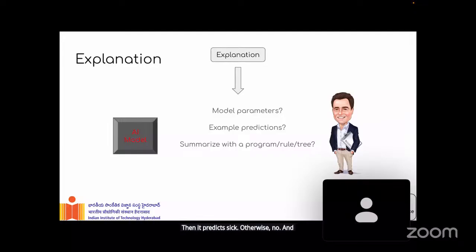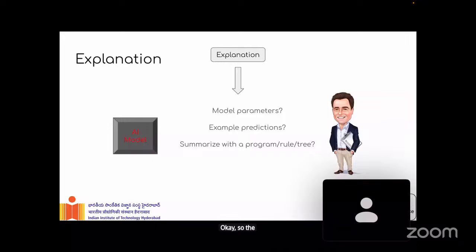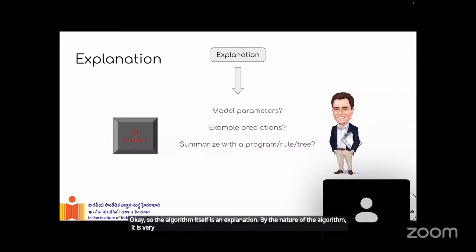And I'm sure you might have gone through the decision tree algorithm. It will check the value of some of the features, and based on the value they assume, it will predict whatever is the label. So the algorithm itself is an explanation. By the nature of the algorithm, it is very explainable.